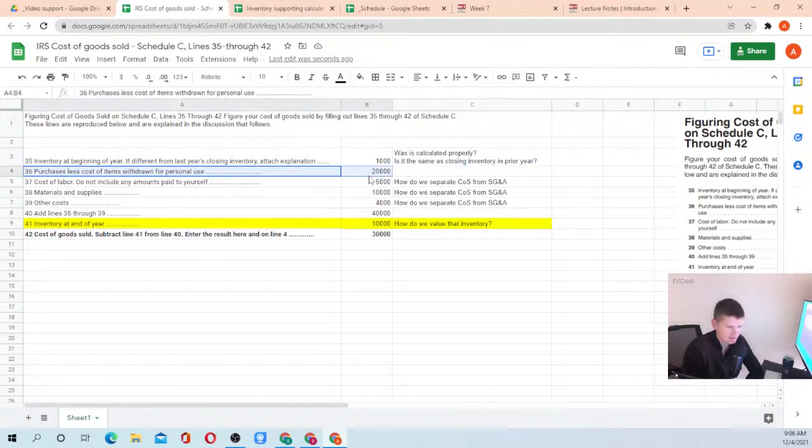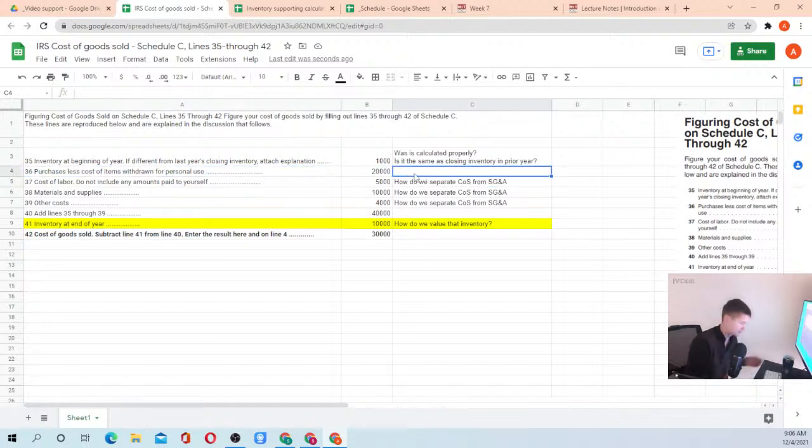We also might have challenges figuring out what purchases we need to allocate to, let's just call it, allocation of purchases to cost of sales.